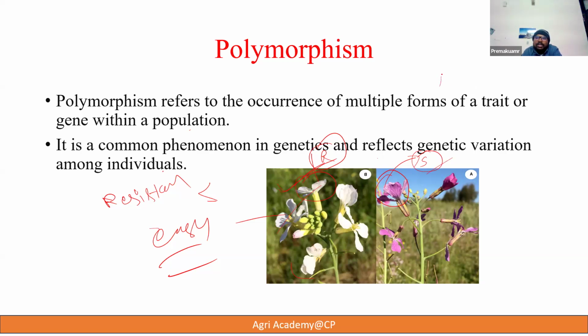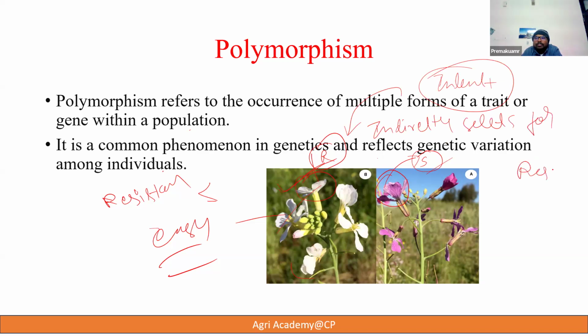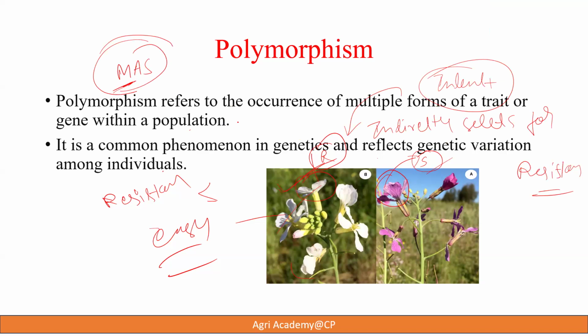It is called indirect selection. Selection for flower color indirectly selects for resistance. This is called marker assisted selection. In this case, your marker is flower color. Exactly, your marker is your flower color.